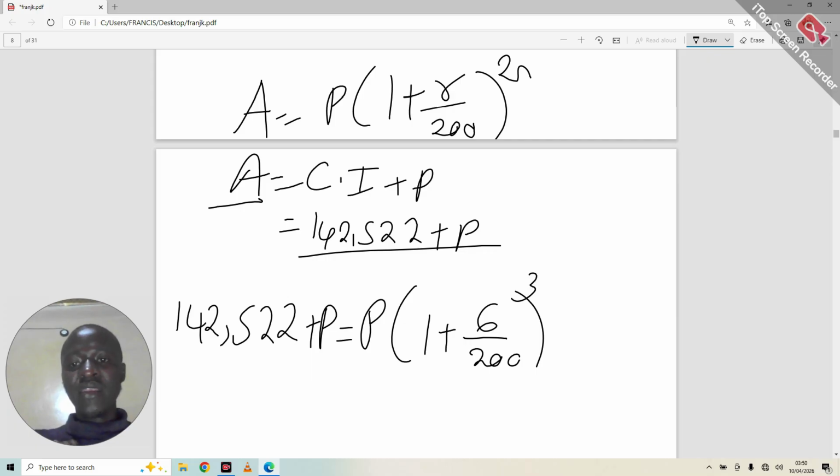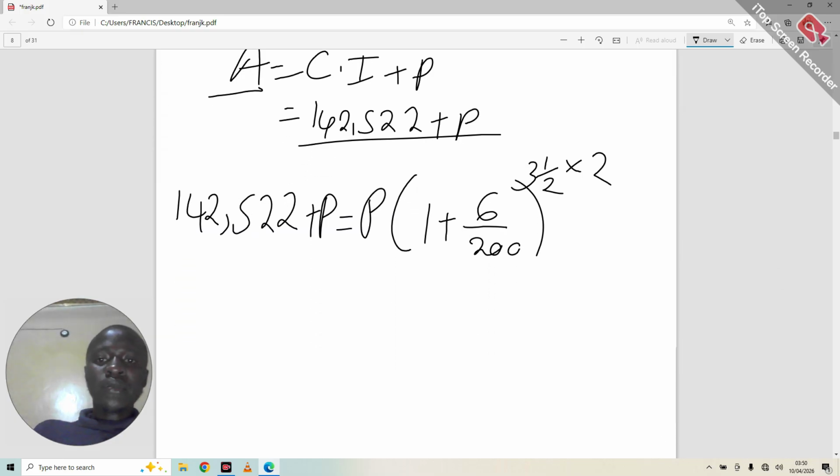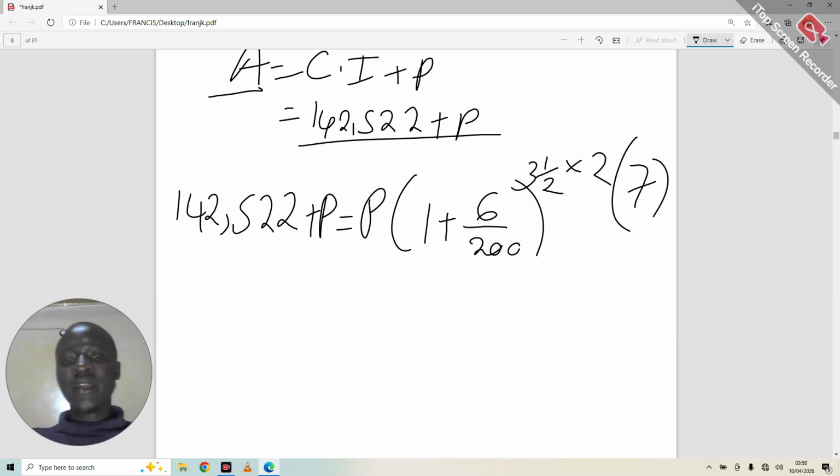Power 3.5, the period or the duration for Omedo, you multiply by 2. So having that information, we proceed on. Taking 3.5 multiplied by 2 is the same as 7.